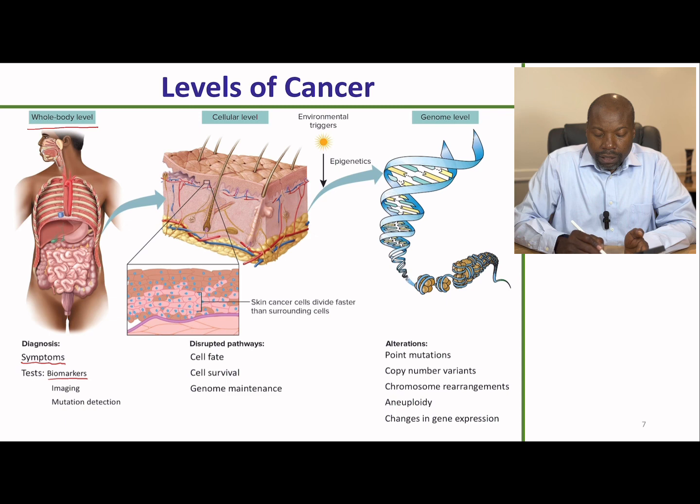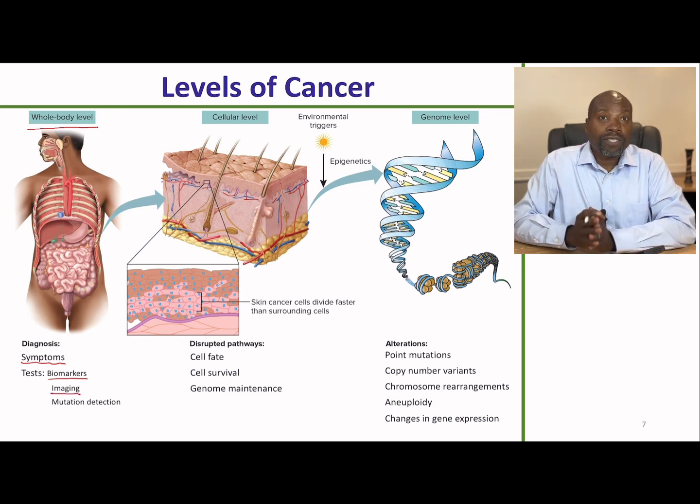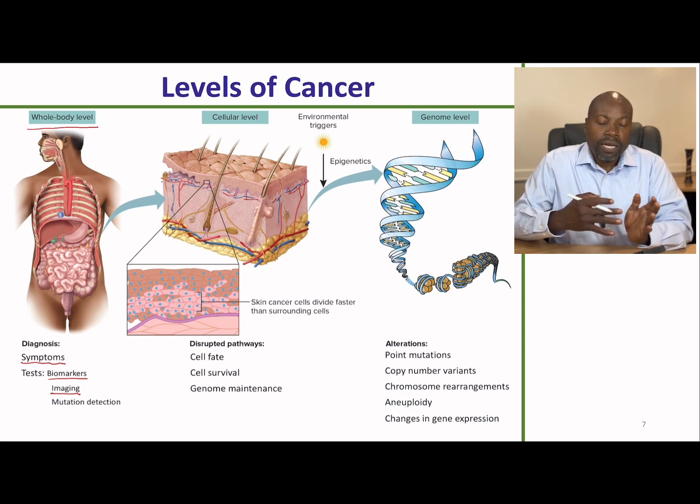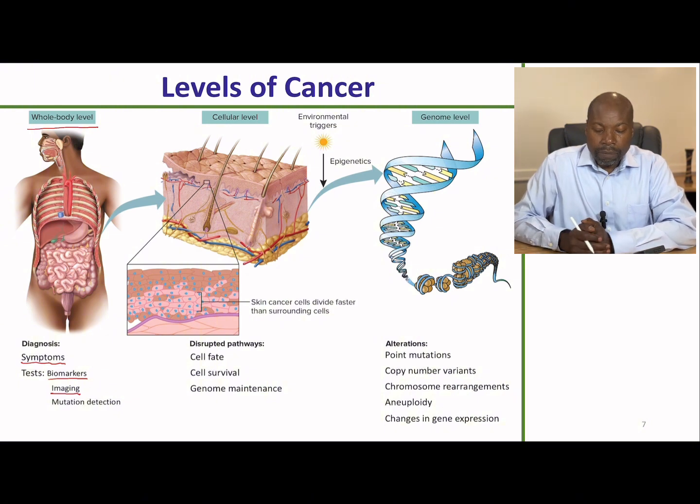We can look at some imaging to see a mass of cells in the lung, in the bones, or other parts of the body, and also mutation detection, right? And this mutation detection can happen by doing a biopsy of a part of the body.